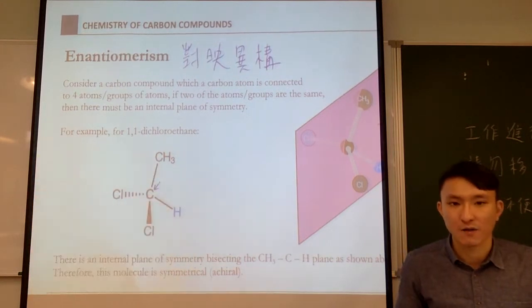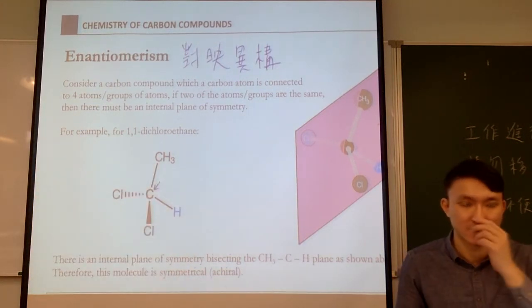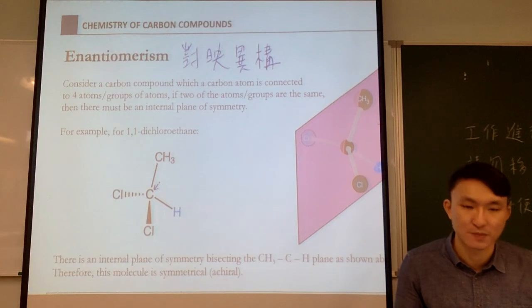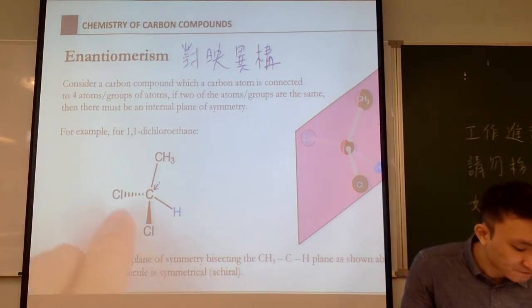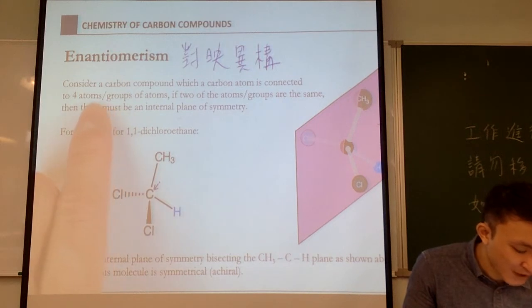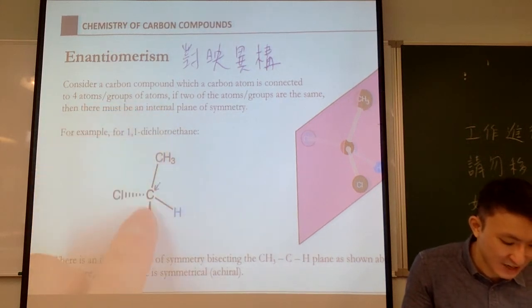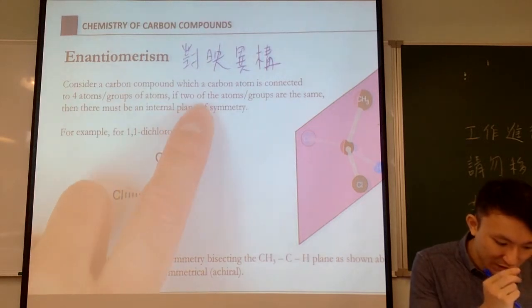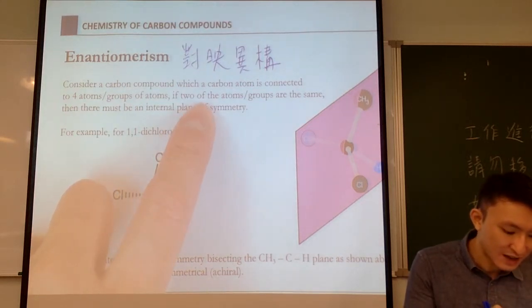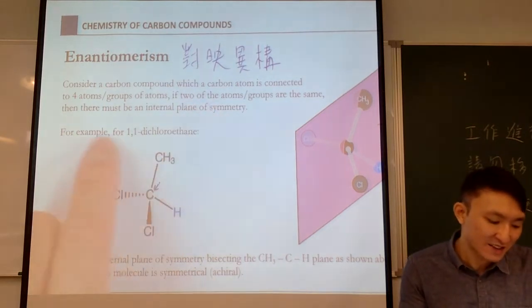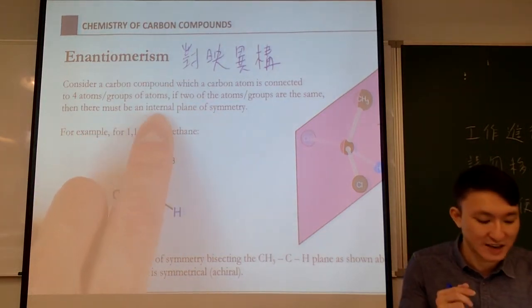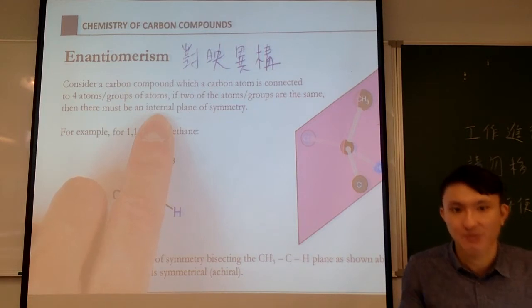Because it has 4 bond pairs and no lone pair, so it should adopt a tetrahedral shape. So you see there are 4 atoms or 4 groups of atoms attached to this carbon, and if there are 2 atoms or 2 groups of atoms that are the same, then they will exhibit an internal plane of symmetry.